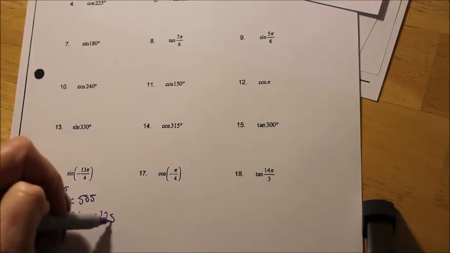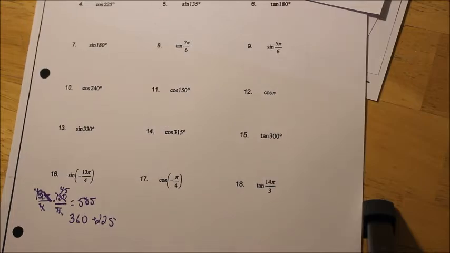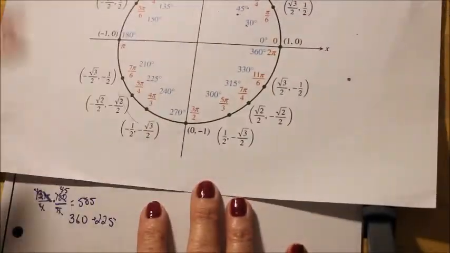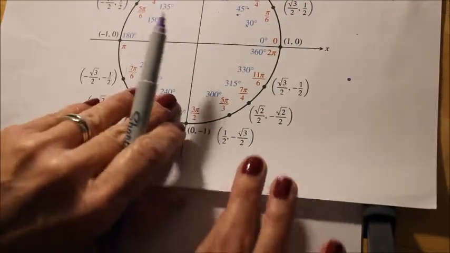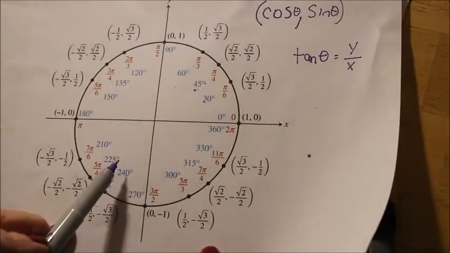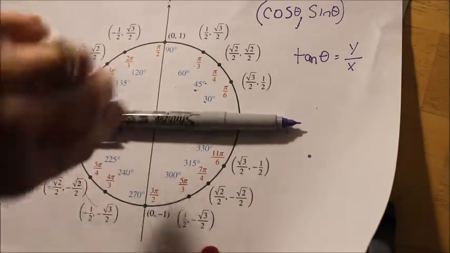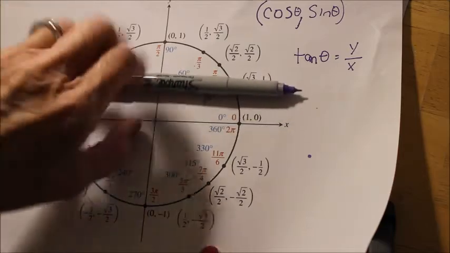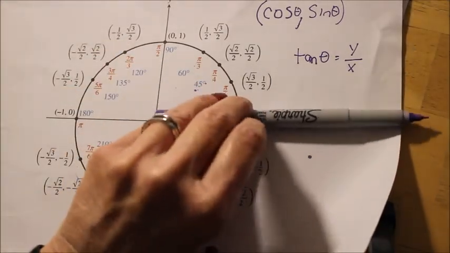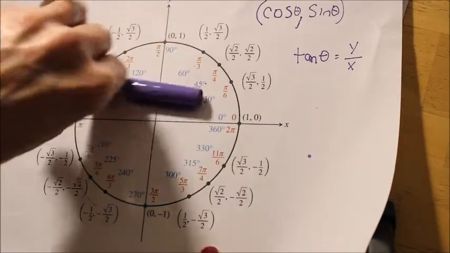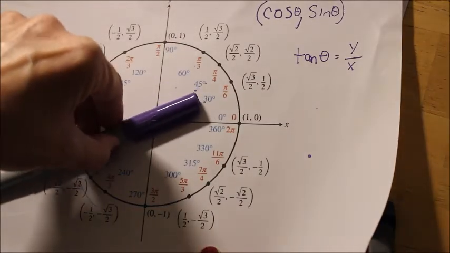So here's how it's going to work. We know that we're going to go one full rotation plus another 225 degrees. So if I look at my unit circle, here's 225 degrees. Now, the only thing is that it's negative. If I were coming from 0 in a positive direction, the coterminal angle would be at 225.